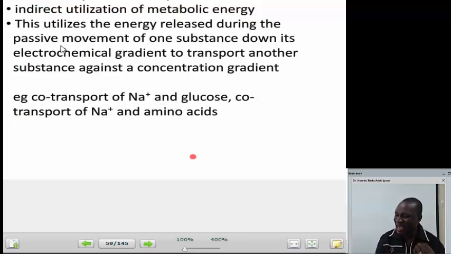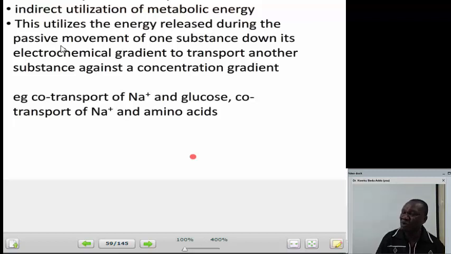Here, energy is not in the form of ATP. Rather, the energy that is used for the movement of a particle against its concentration gradient is derived from the energy that is released by another particle which is being moved along its concentration gradient.